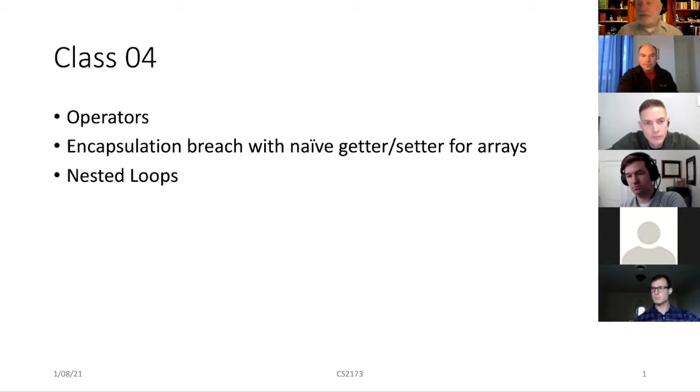There was no encapsulation issue with that, because it was a primitive, and as a primitive, you couldn't do anything that would affect the encapsulation. However, when we're dealing with objects such as arrays, and arrays are objects, there is an encapsulation gotcha that needs to be dealt with, and I'll demonstrate that.